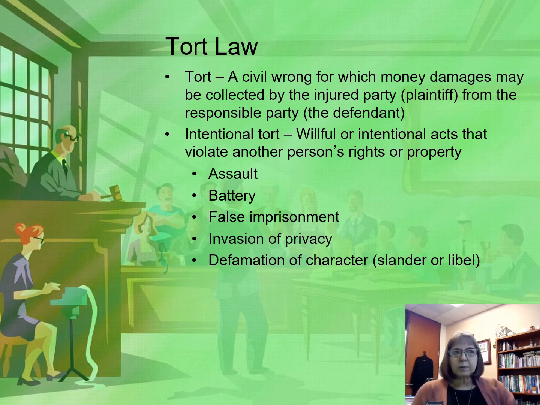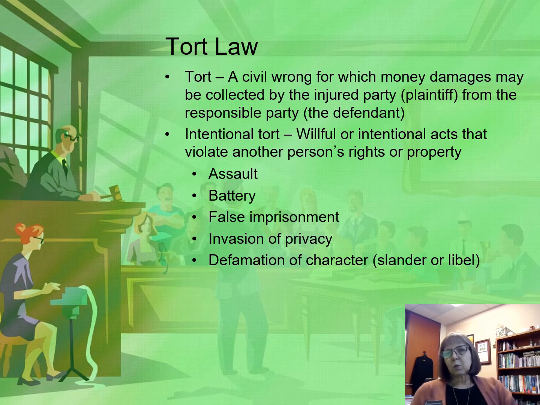Suspension is for a temporary length of time until you've completed certain requirements that the Board of Nursing requires, and with revocation, you're not going to get it back. So there are certain rules that have to be followed once a wrong is done.